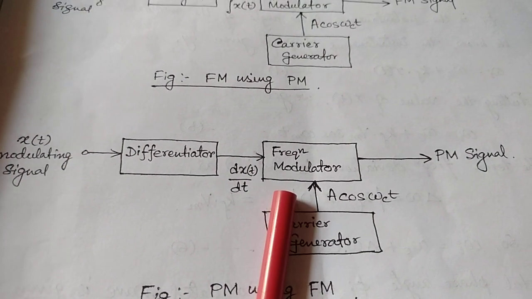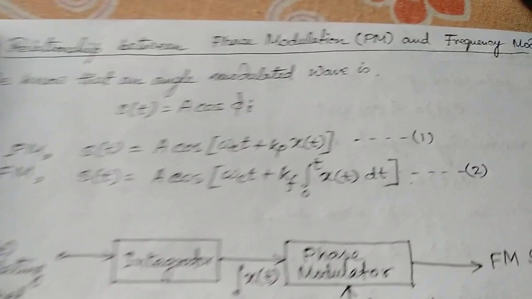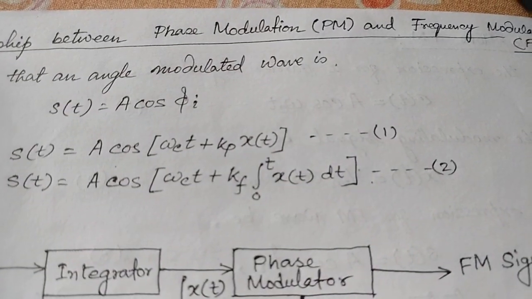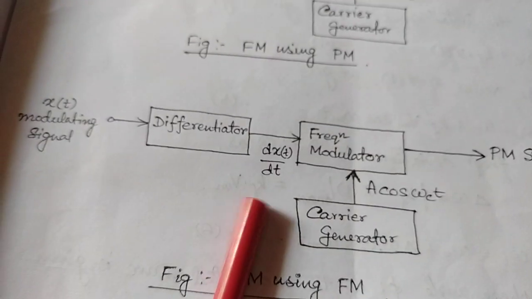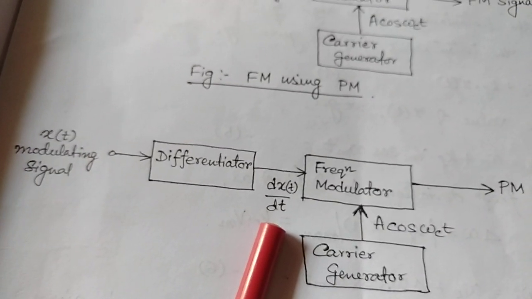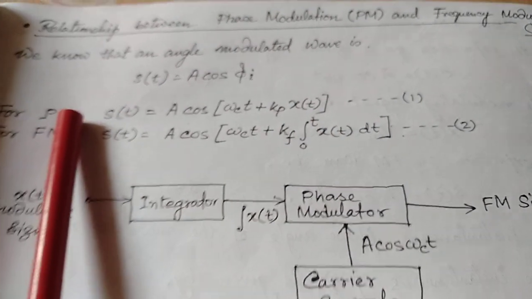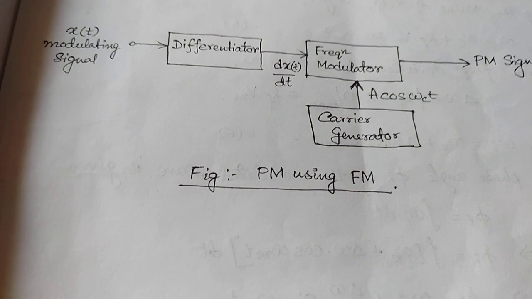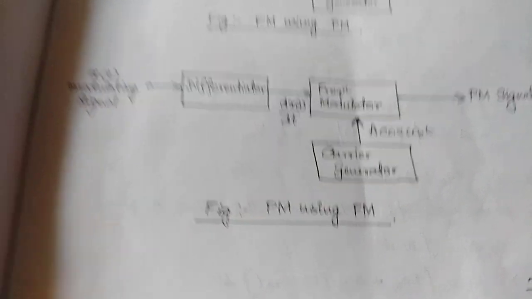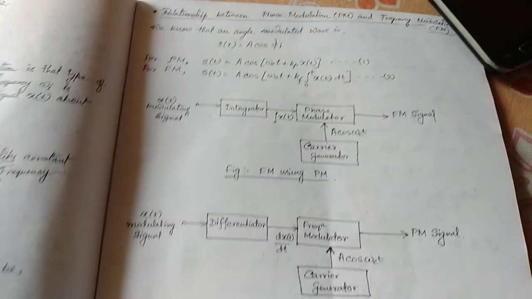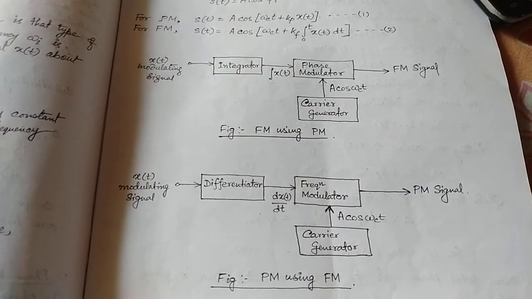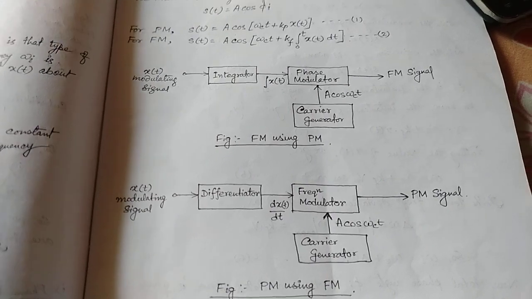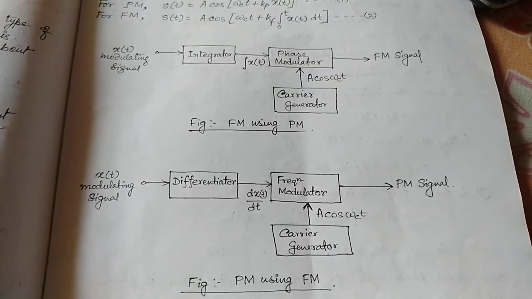And if we pass it through a frequency modulator, the input dx(t)/dt will again be integrated and it will become x(t), so it becomes PM. So this is my PM using FM. That is the relationship of FM and PM. Here we have seen we can generate FM using PM and PM using FM.